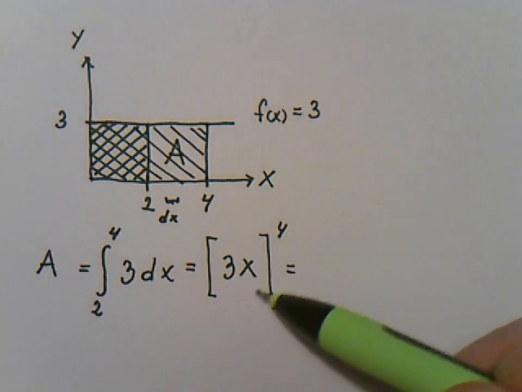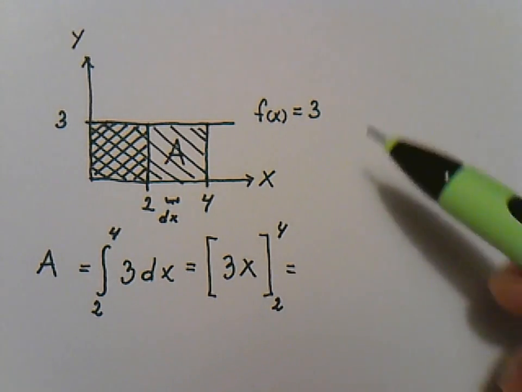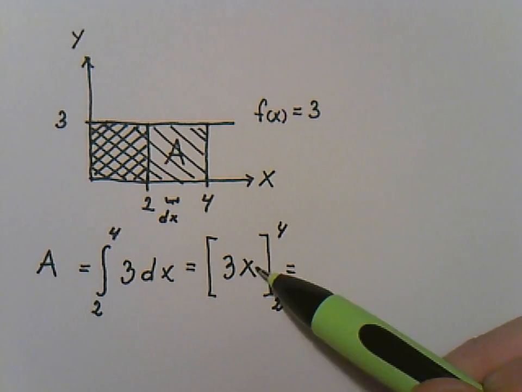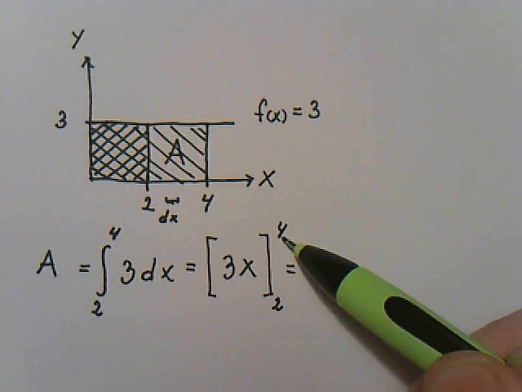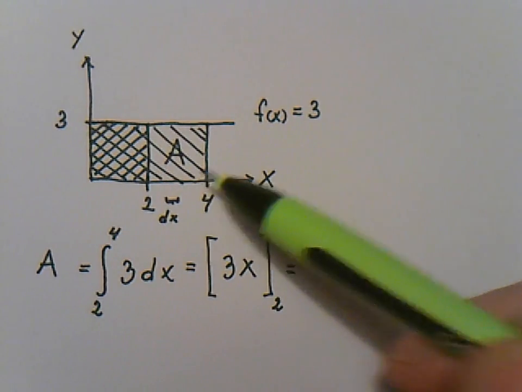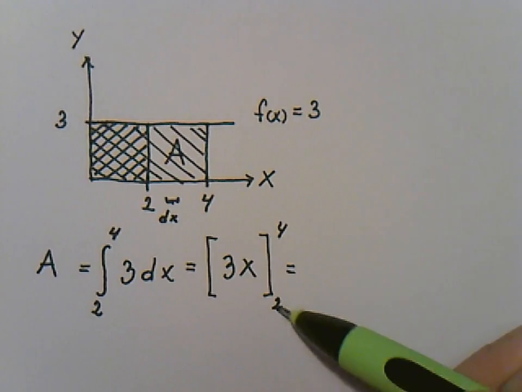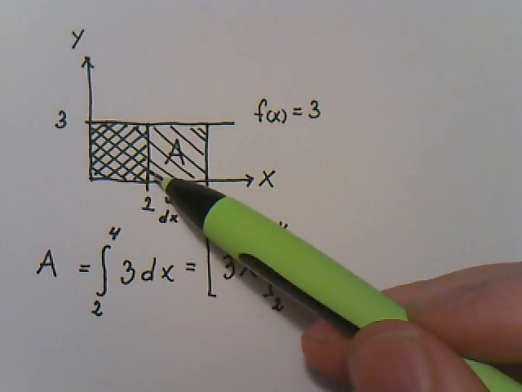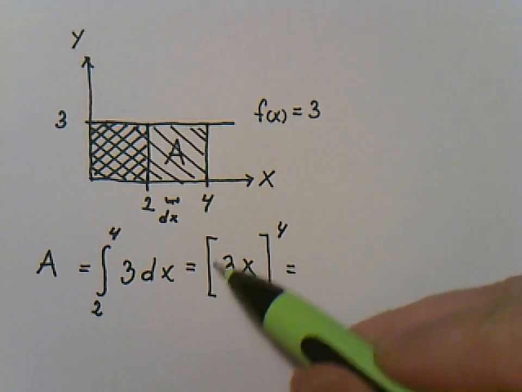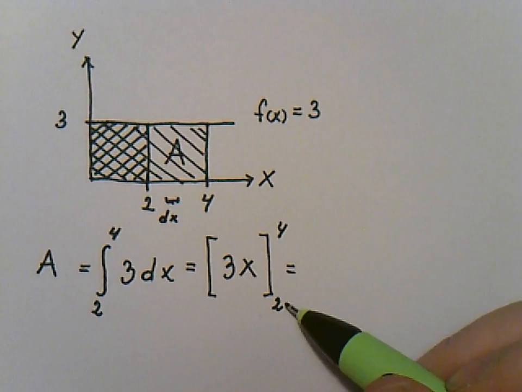So this formula means that if you change the x value to 4, then you get the upper area, and if you change the x value to 2, then you get the small rectangle, the under area. So we do that. We take this one and subtract it with this one.